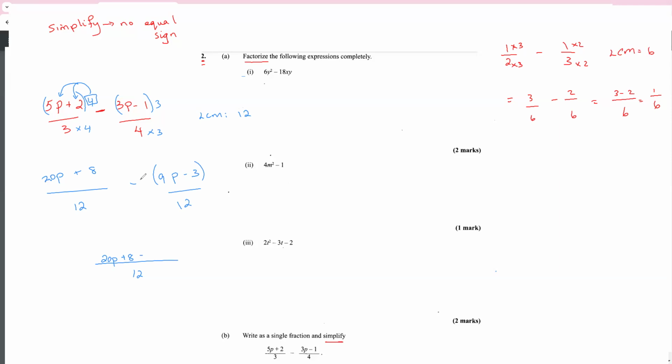This is happening because there's a negative sign out here. So it's negative times everything inside of here. So we have negative 1 times 9p, which will be minus 9p. And then minus 1 times minus 3 becomes positive 3.